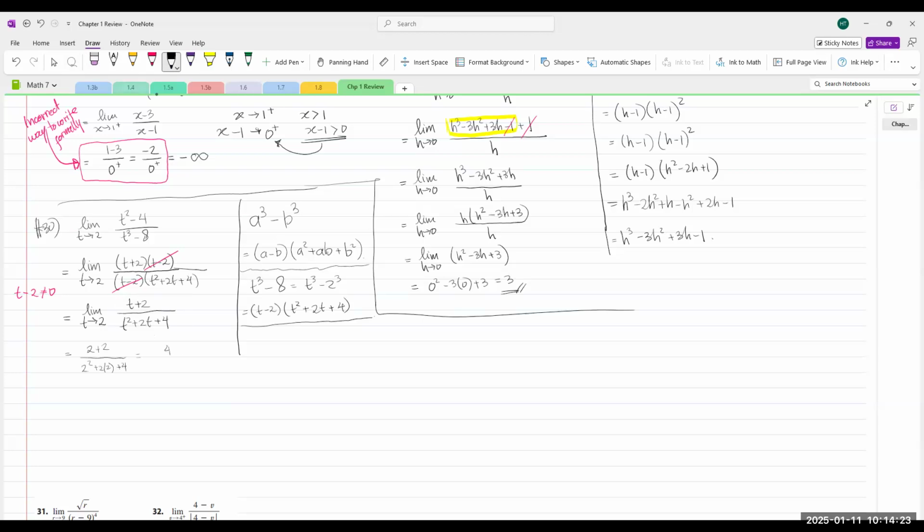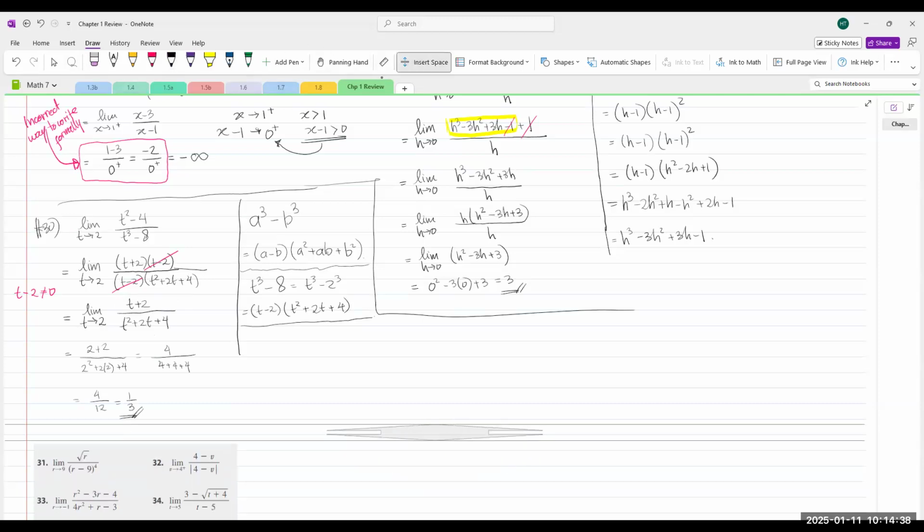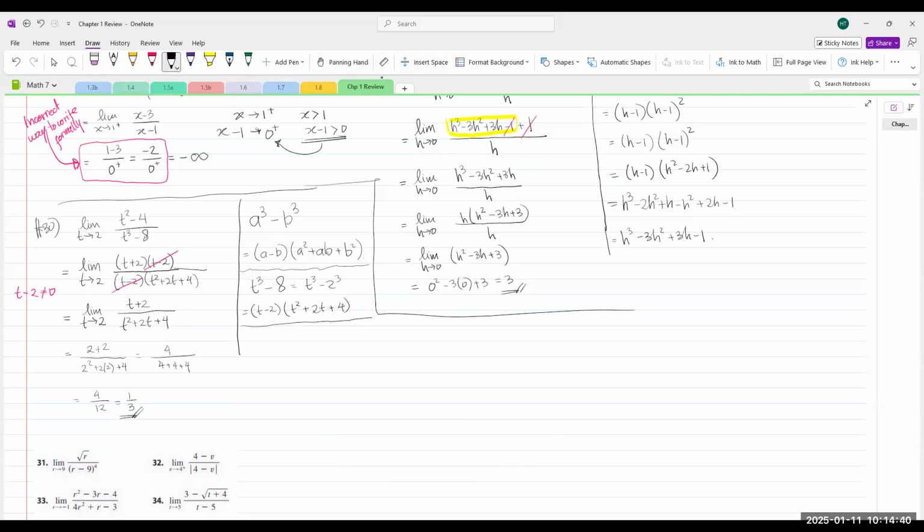That is 4 over 4 plus 4 plus 4. That's 4 over 12, which is 1/3. Okay, that's for number 30.